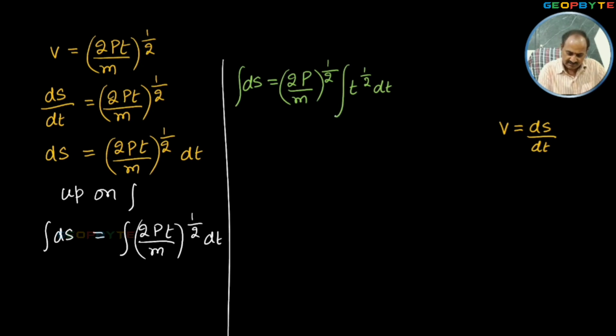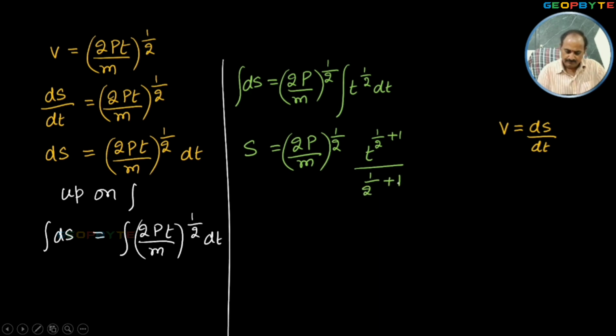You integrate this part, then this gives s equal to (2P by m) whole power 1 by 2 times the integral of t power 1 by 2, that is t power (1 by 2 plus 1) by (1 by 2 plus 1), plus another constant of integration c2.